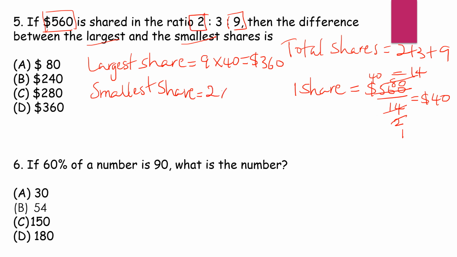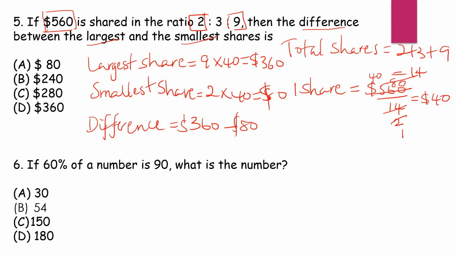So 2 by 40 would give us $80. And we want the difference. So the difference would equal 360 take away $80, which is a total of $280. So the answer is C.